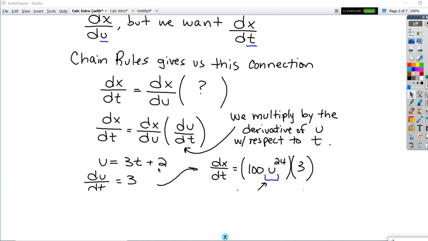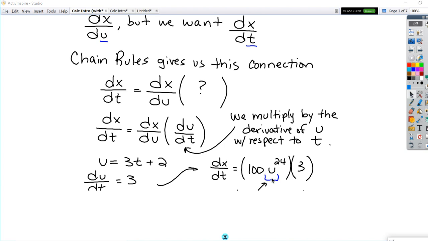So our u function, 3t plus 2, the derivative of this with respect to time is just 3. So dx by dt is our derivative of x with respect to u, which we got 100u to the 24th, times du by dt, which is just 3. So I can multiply 3 times 100, 300.